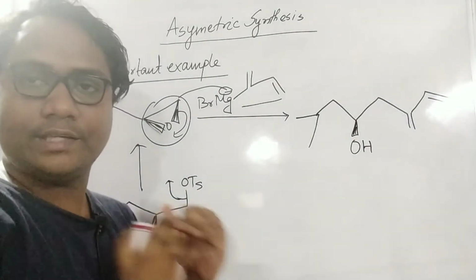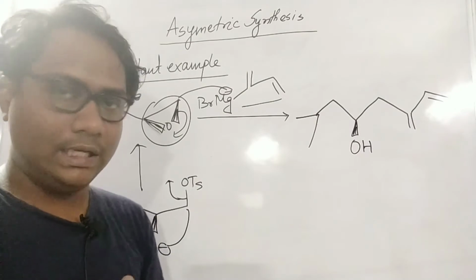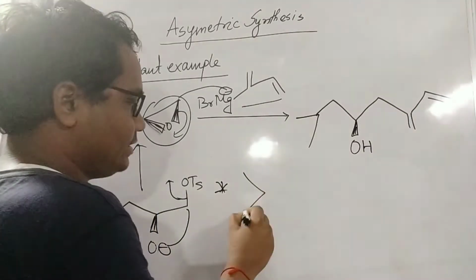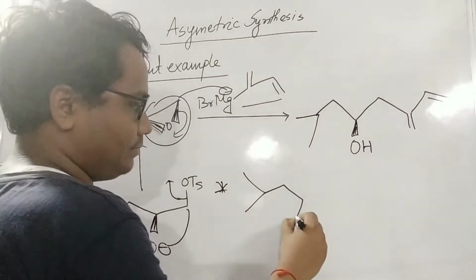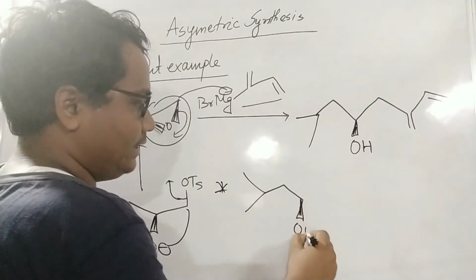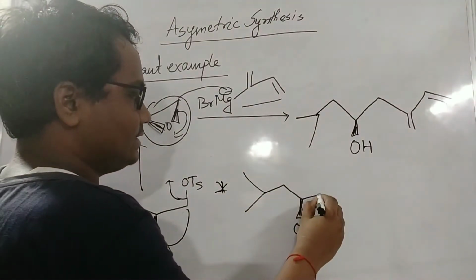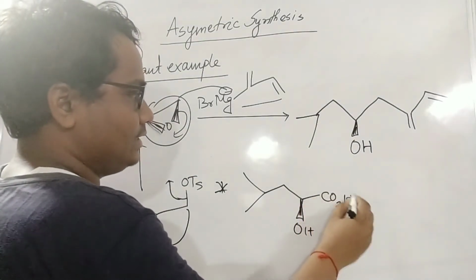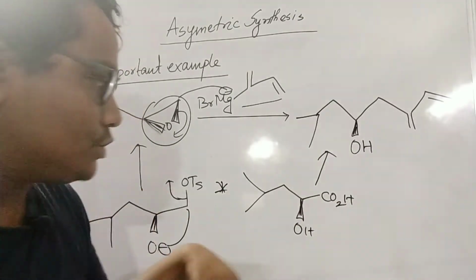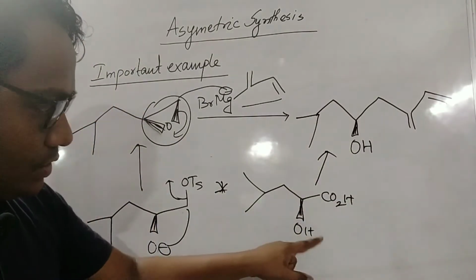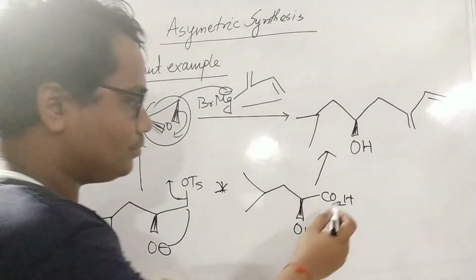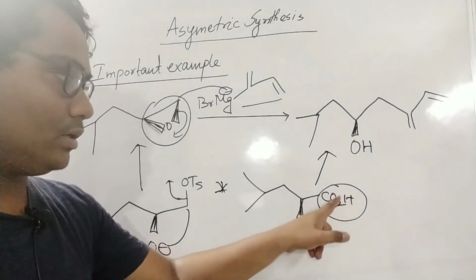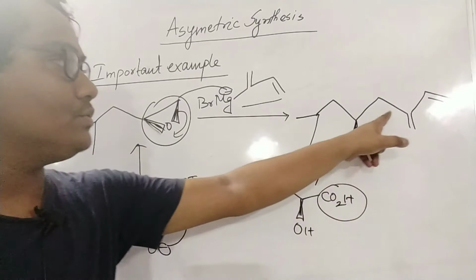I use this reaction scheme because, in simple steps, the starting material is this one, and here one acid, CO2H, is there. The OH group is there, this carbon is there, and this acid is removed, and they use this one.